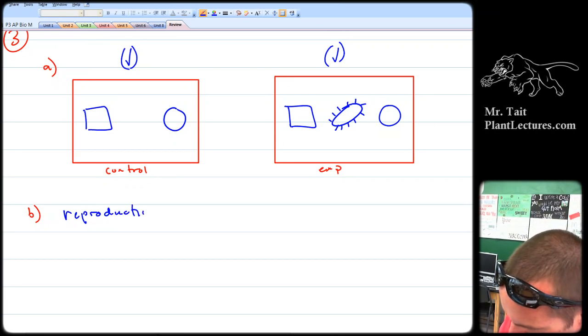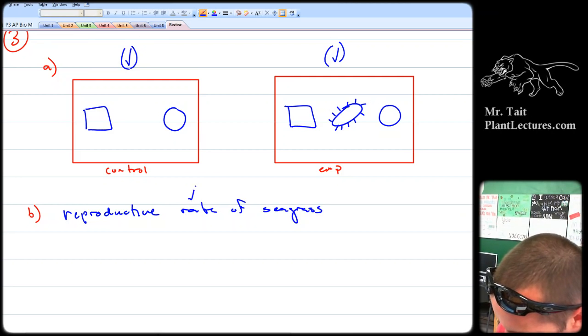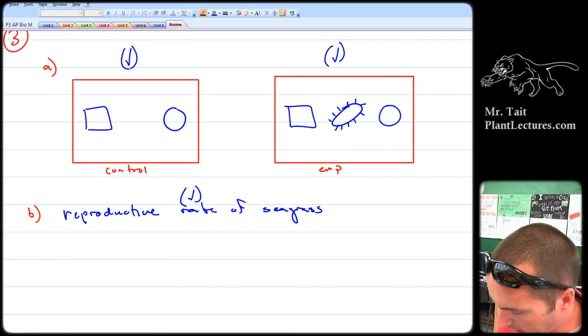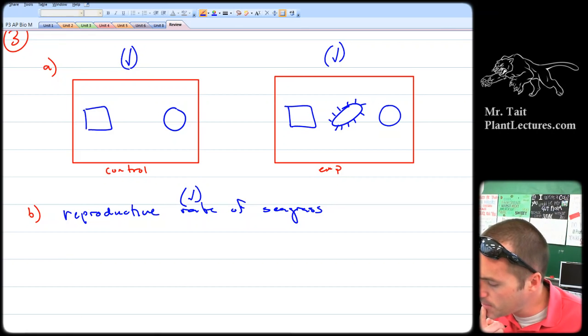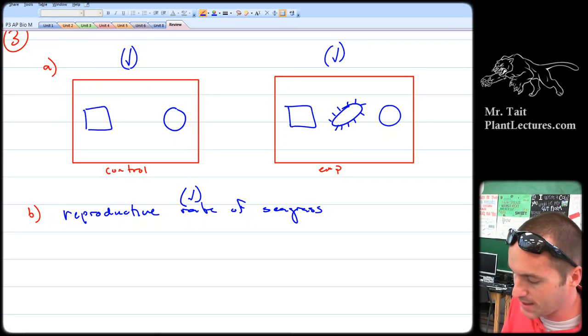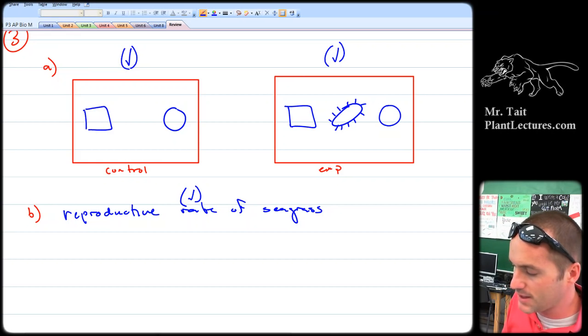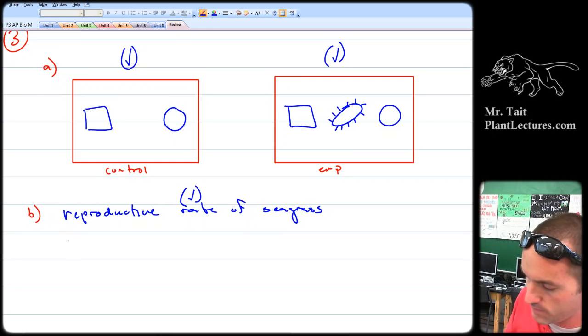Reproductive rate of seagrass. And then predict the experimental results that would support the researchers' claim that mobile aquatic invertebrates can transfer pollen. Well, you would expect there to be a greater reproductive rate in the experimental aquarium than in the negative aquarium.